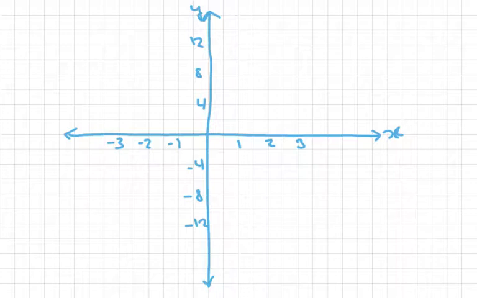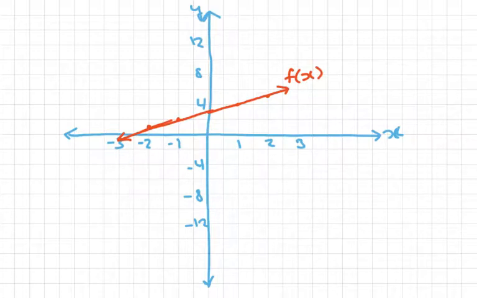Okay, and then I'm going to take the first function f of x and plot those points. So -2, 1. -1, 2. 0, 3. 1, 4. And 2, 5. And then I'll connect those with a line. And label that f of x.